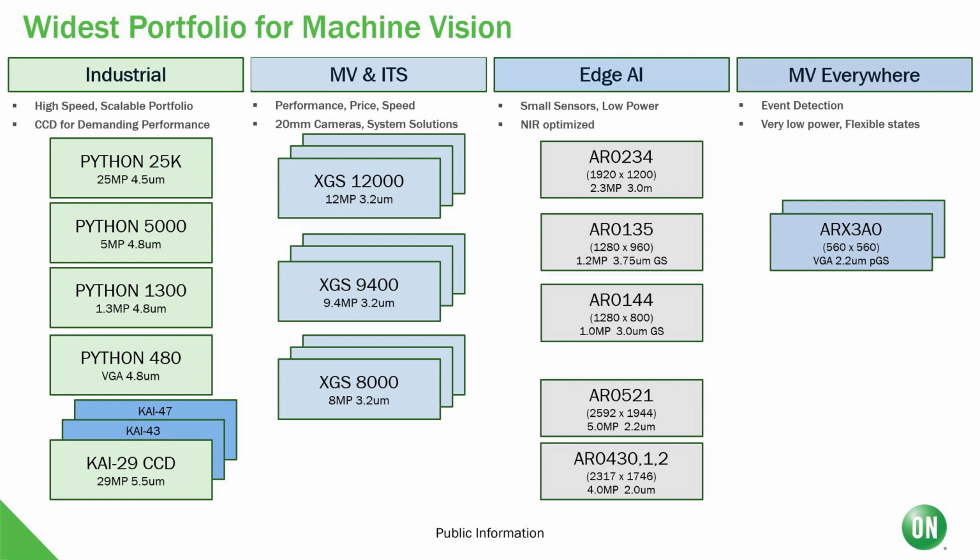This is targeted for, as we like to call it, machine vision everywhere. When you have a small device or any device that needs just a basic sensor determining proximity and things of that nature, something like the ARX3A0 may be a good fit for your application.